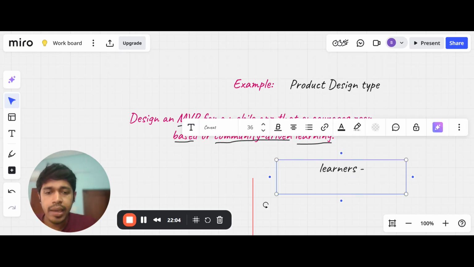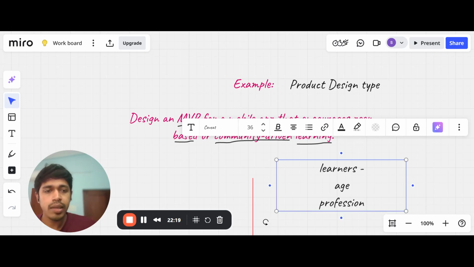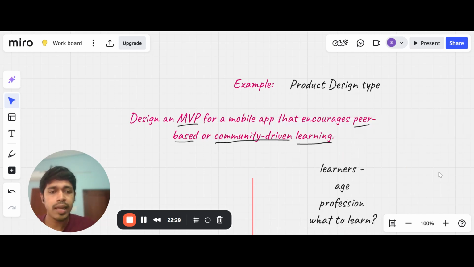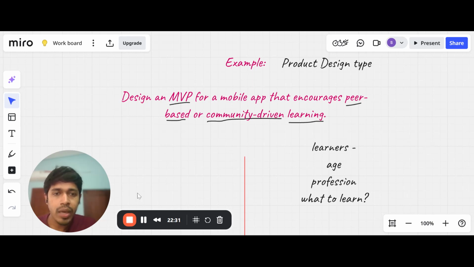Okay, one way I can do is according to the age. That can be one criteria. Another criteria can be their profession, right? Another criteria can be what do they want to learn, right? That is another criteria. I'll give you examples as well.